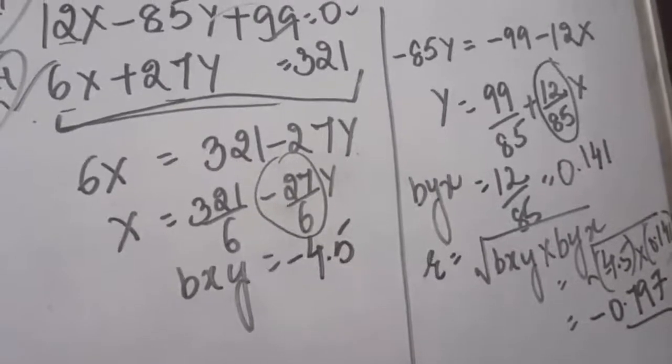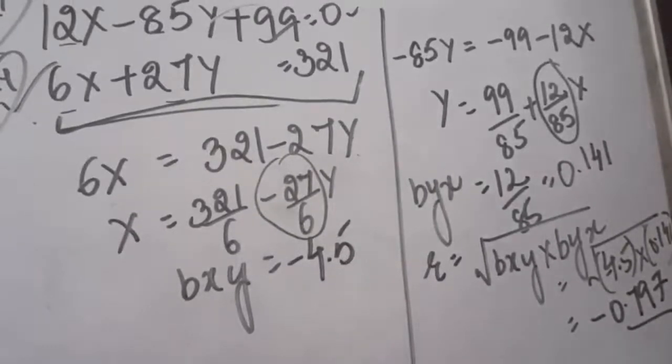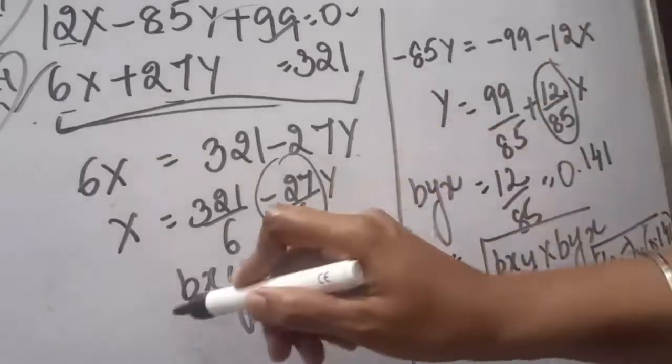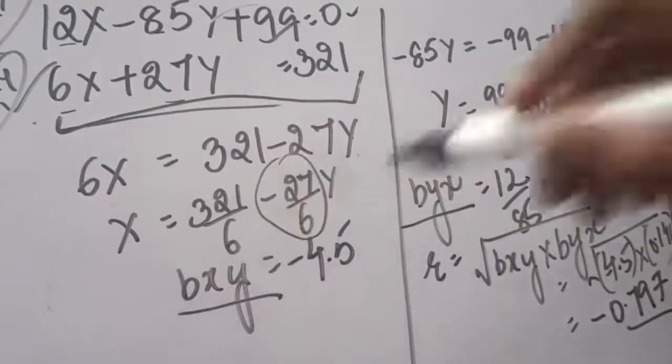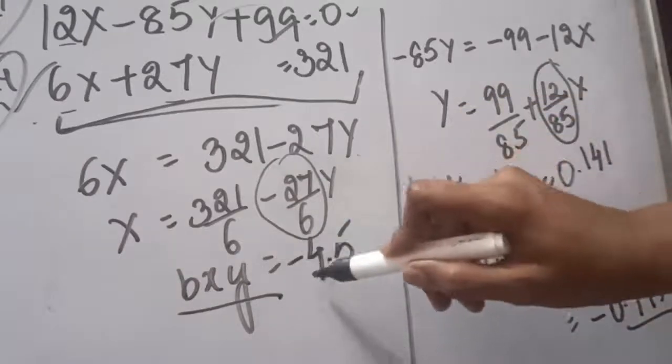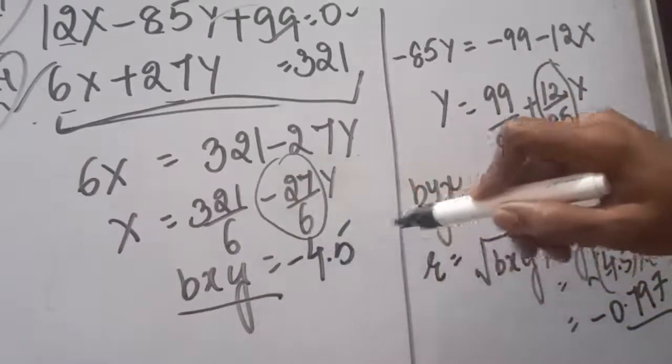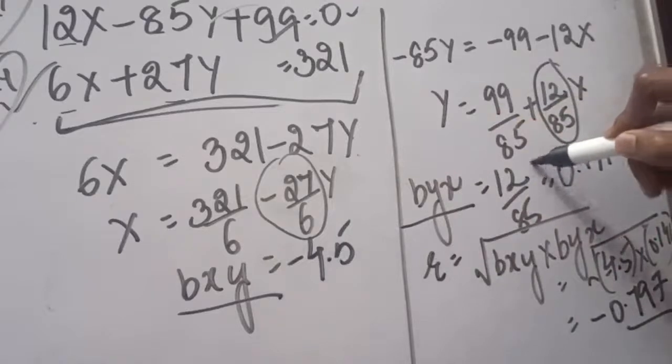Right? One more thing I would like to tell you is, as in the properties video you would have seen, we discussed that the sign of bxy will be the sign of byx. So here in this question, bxy is coming out to be minus 4.5. So we will take this also to be negative.